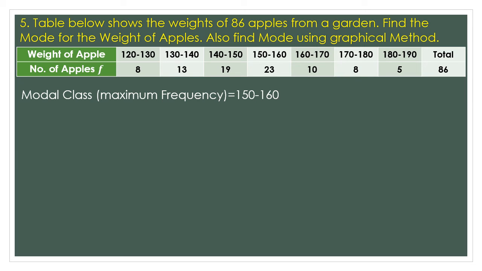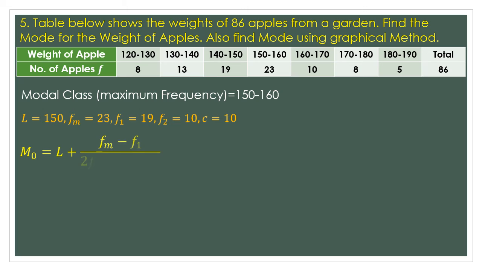So the lower limit of the class is 150, the fm is 23, previous frequency 19, next frequency 10, and the class length is 10 for all the classes. We will put the formula: mode is equal to L plus (fm minus f1) upon (2fm minus f1 minus f2) into c.